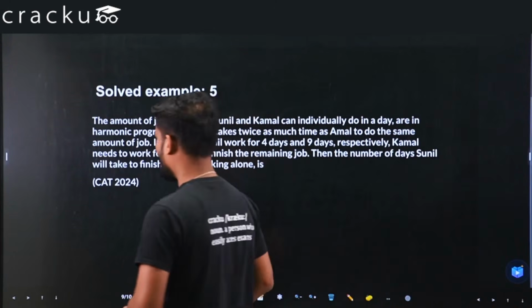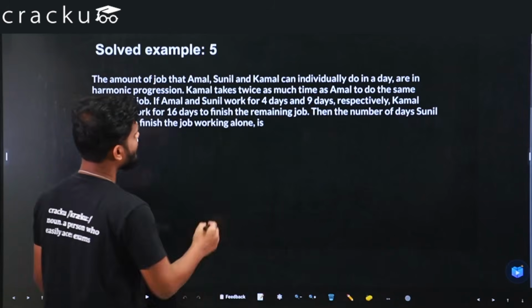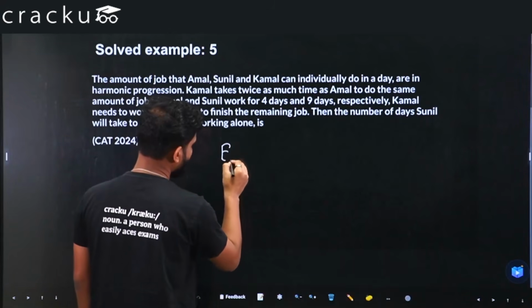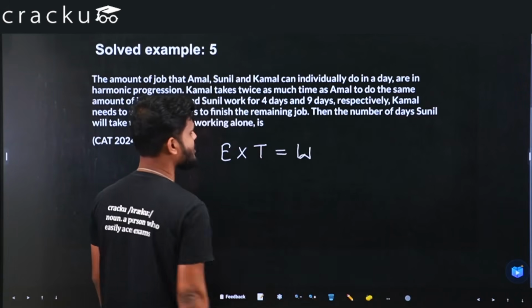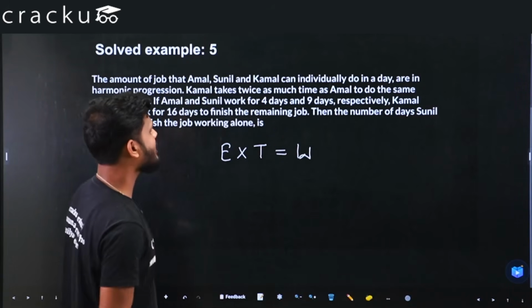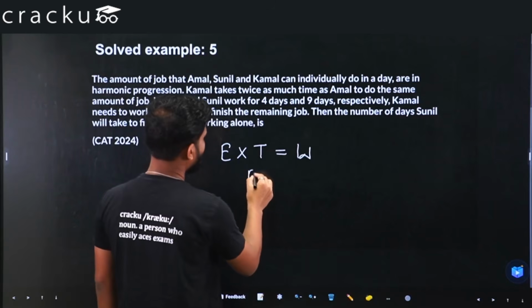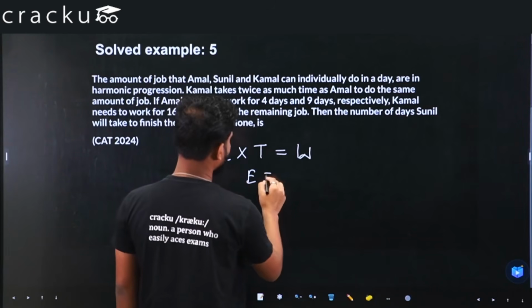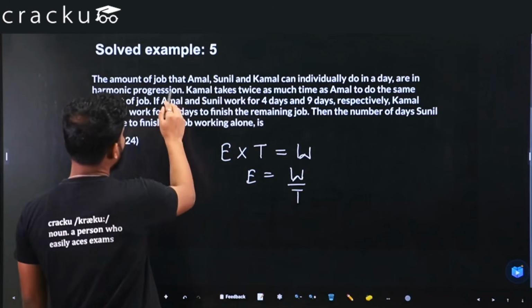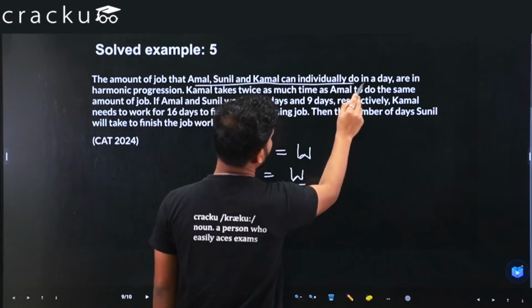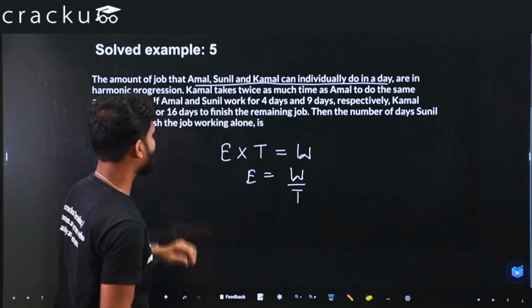Now what you need to know is that efficiency into time is total work, which is constant. Efficiency is equal to W by T. So the amount of job that they do in a day are in harmonic progression.